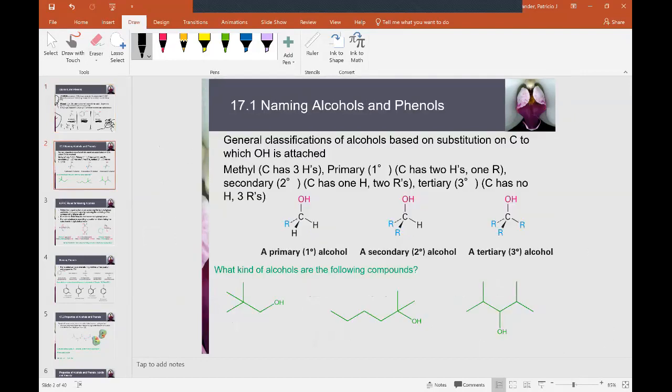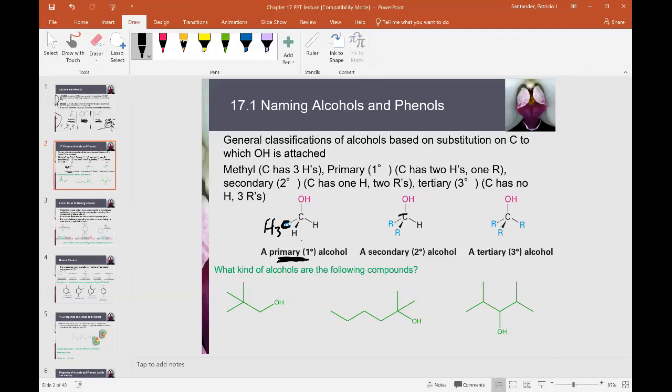So a little more on a classification of alcohols. If the OH is on a carbon atom that is attached to only one other carbon atom, like here, for instance, you may have a CH3 group there. And so the carbon atom that is attached to the OH is attached to only one other carbon atom. We call that a primary alcohol.